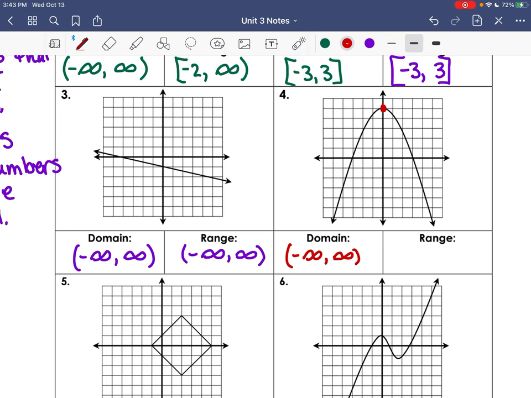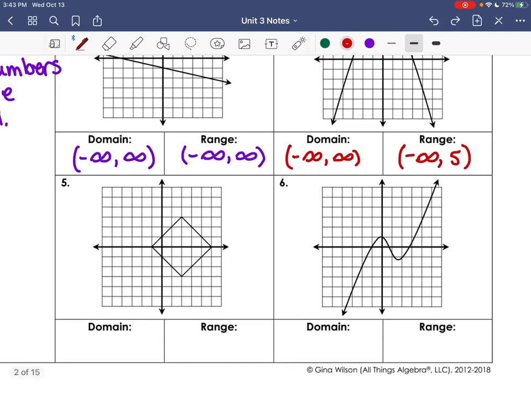So negative infinity is going to be the bottom of our range, but the top of our range is going to be at 5, because this point up here is 1, 2, 3, 4, 5 up on the y-axis. So we do have the point (0, 5) there as our vertex, as our turnaround point, and so that 5 gives us the top of our range.